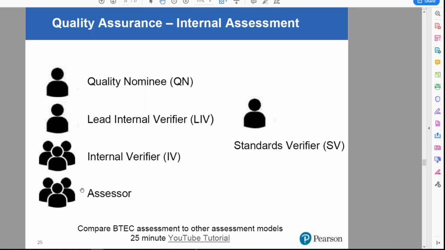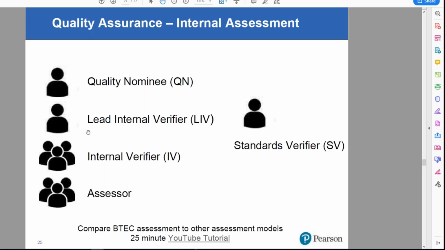These two roles are very much interchangeable. If there are two of you delivering DIT, person A has got class 1 and person B has got class 2, they will be each other's internal verifier. That's done on a sample basis, and the sample is decided internally. The lead subject person would be the lead internal verifier.